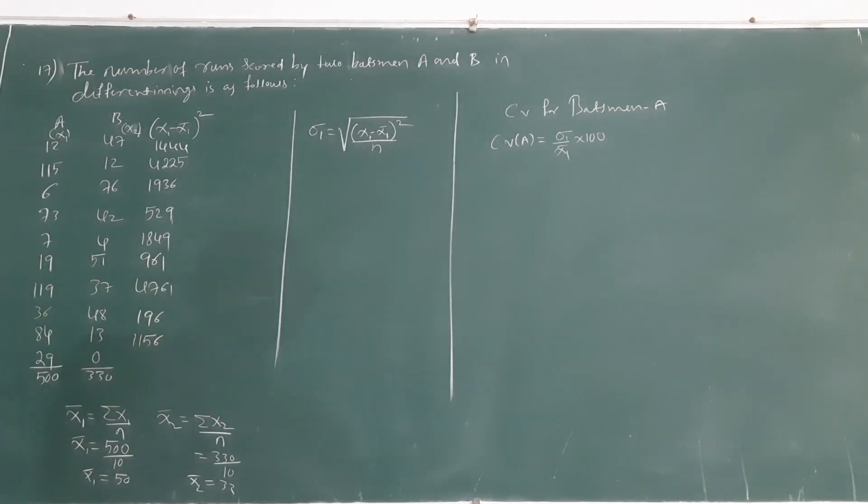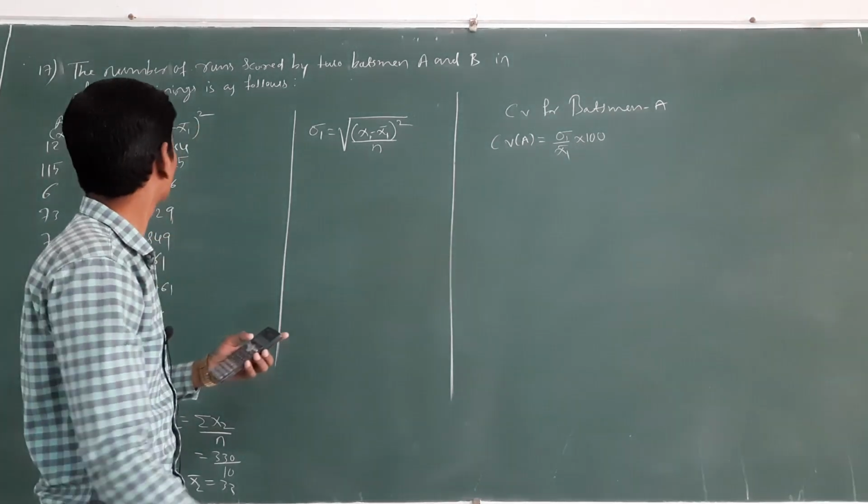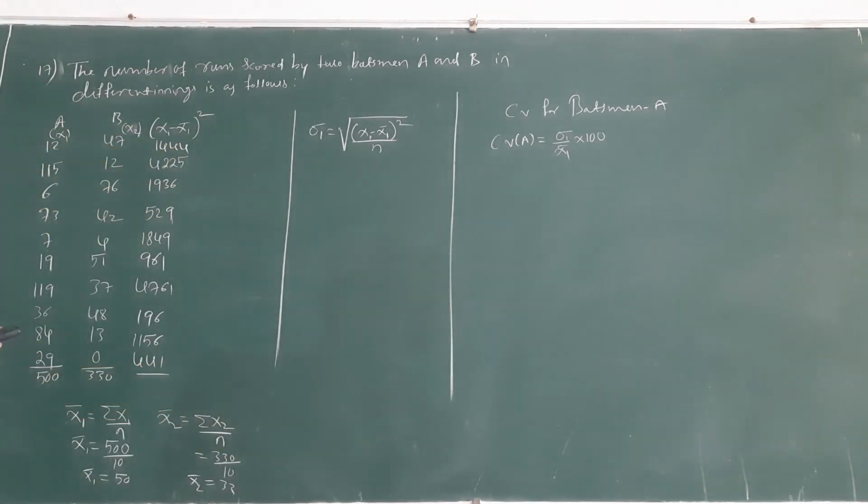The next 29 minus 50 is 21. 21 square is 441. Then we want the sum of (x1 minus x1 bar) whole square. 4225 plus 193 plus 1444 plus 1936 plus 529 plus 1849 plus 961 plus 4761 plus 196 plus 1156 plus 441.